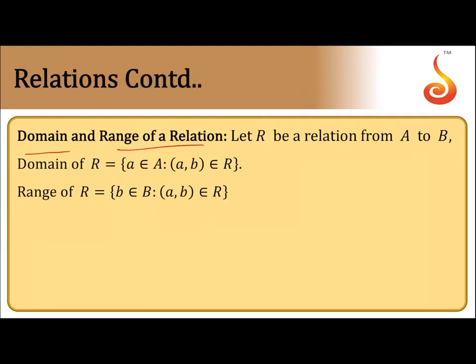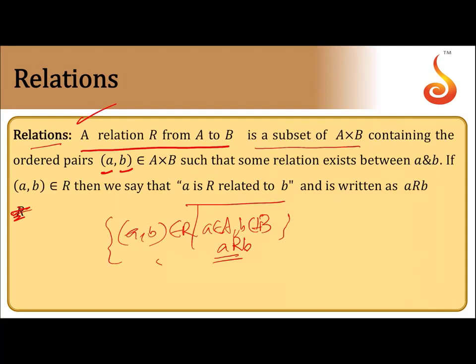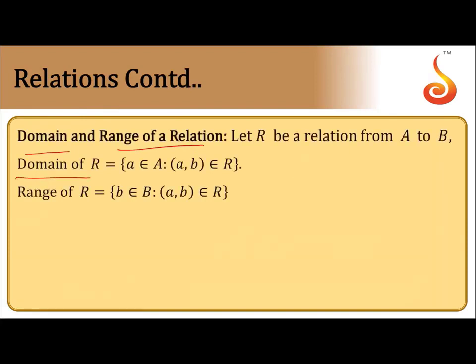Coming to what is meant by domain and range of the relation. When you take the relation from set A to set B, the set of all first coordinates is called the domain. If R is a relation from set A to set B, the set of all elements in A that are in the relation is defined to be called the domain.